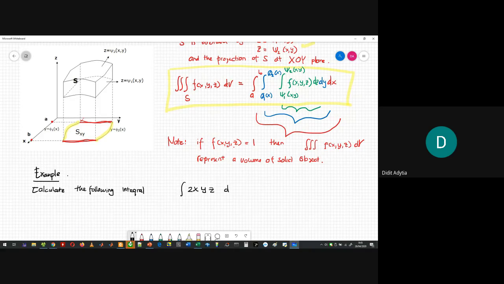First of all, we integrate with respect to z, and z is from 0 to, apa nih, 2 minus half x squared. Okay? And then put that dy, and then y itself is from 0 to x. Okay? And then dx. The last one is the dx. Dx is from 0 to 2.